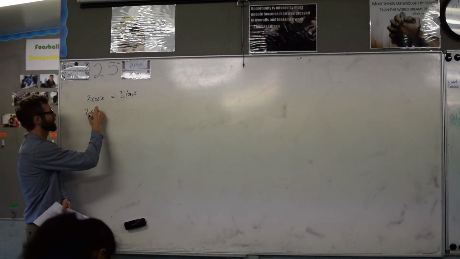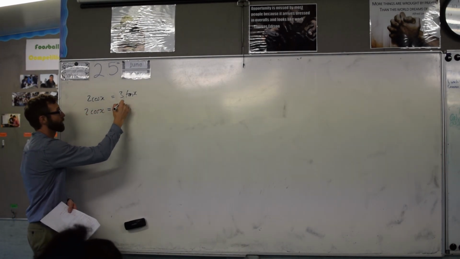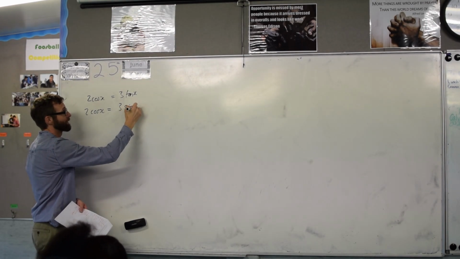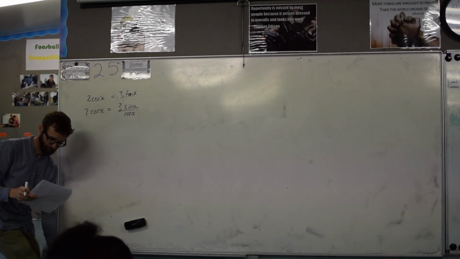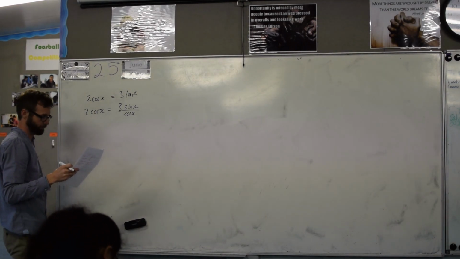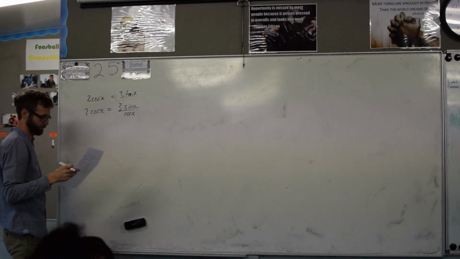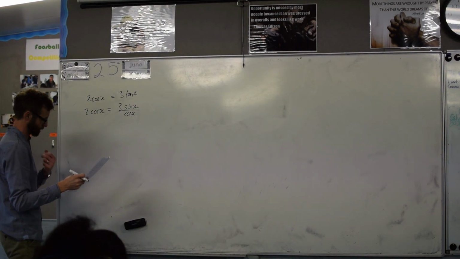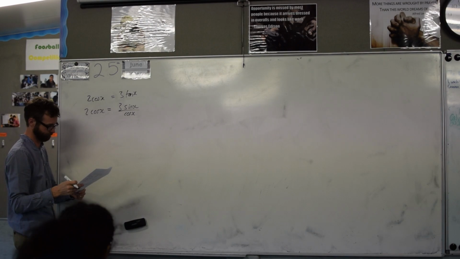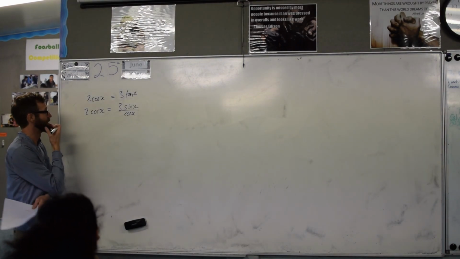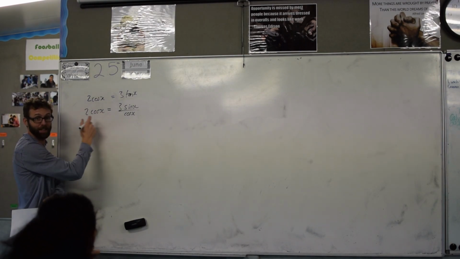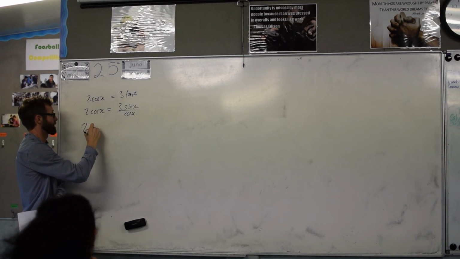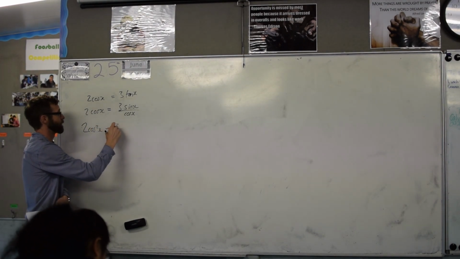We're going to go 2 cosine x equals 3 sine x over cosine x. Okay, so next step we're going to pull this across to get 2 cosine squared x equals 3 sine x.